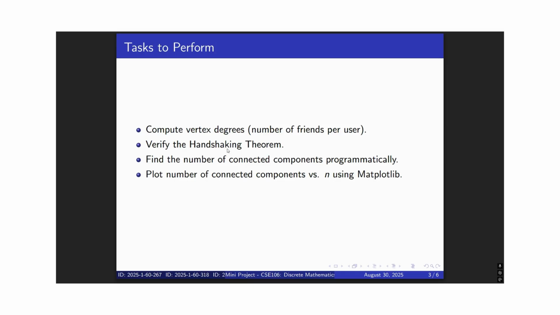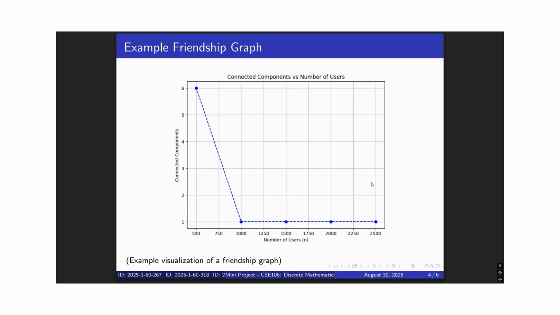Then we had to find the number of connected components in this graph, which represent isolated groups of friends who aren't connected to the larger network. Then finally, we had to plot how the number of components changes as the network grows using matplotlib. So we will move on to our code.